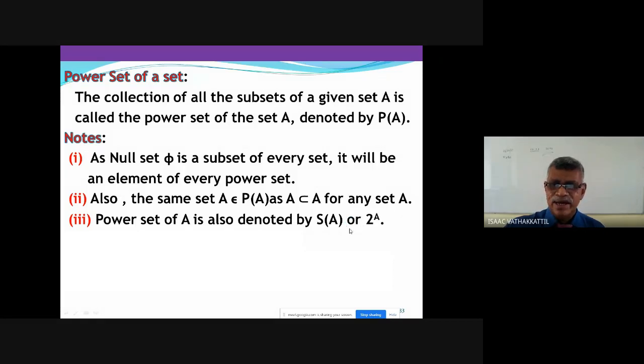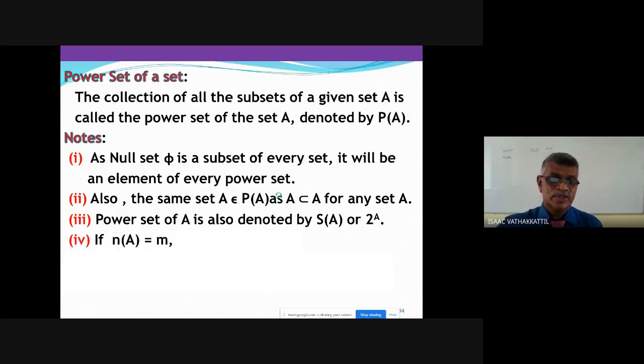Well, again, a different notation for power set: remember, 2 raised to A. A is a set, don't get confused. It is not 2 raised to an integer or a fraction or a number. No. It is 2 to the power of a set A. That represents the power set of the set. 2 raised to A, where A is a set, represents the power set of A.